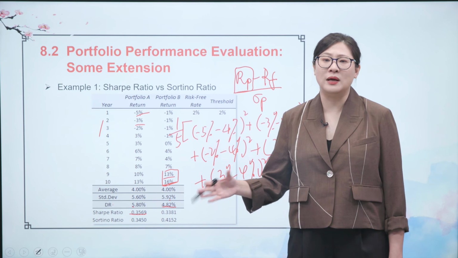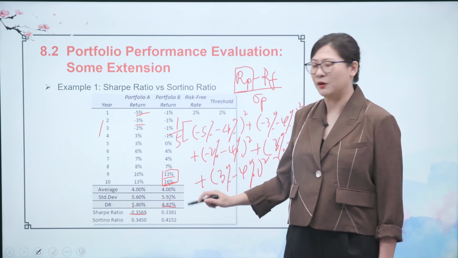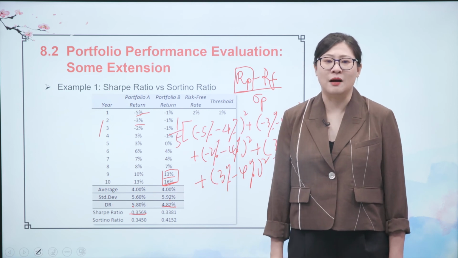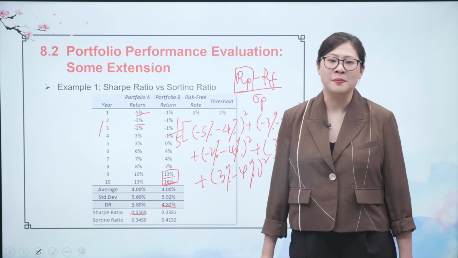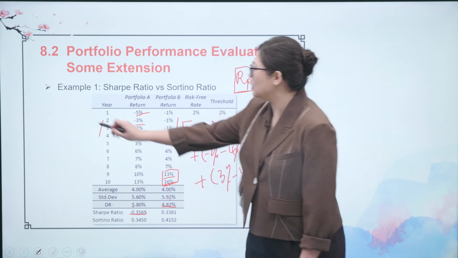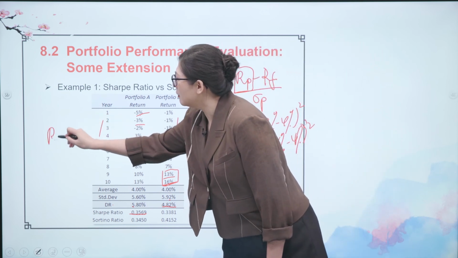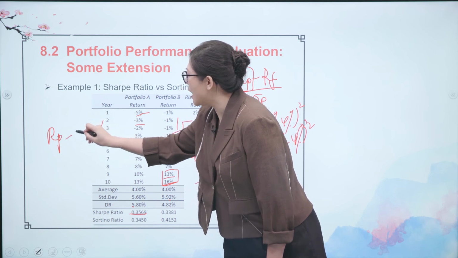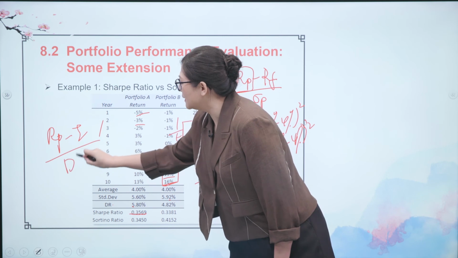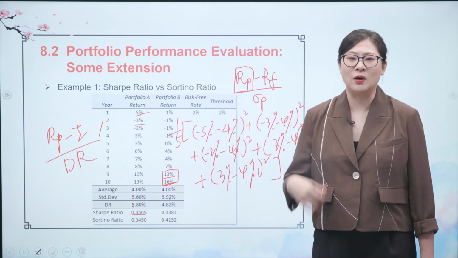So comparing the downside risk, definitely portfolio B has less downside risk compared with portfolio A. So based on the Sortino ratio, we know that it should equal R_P minus tau, over the downside risk. So what's this tau?